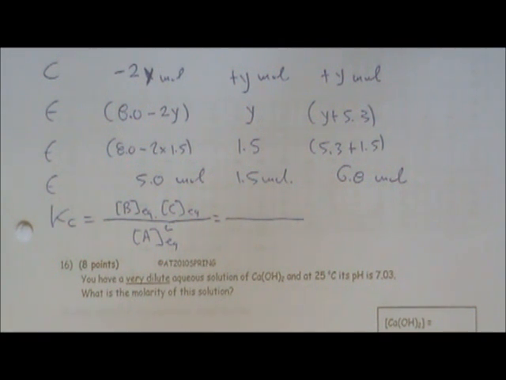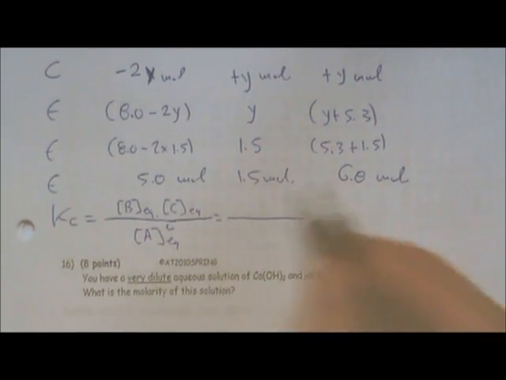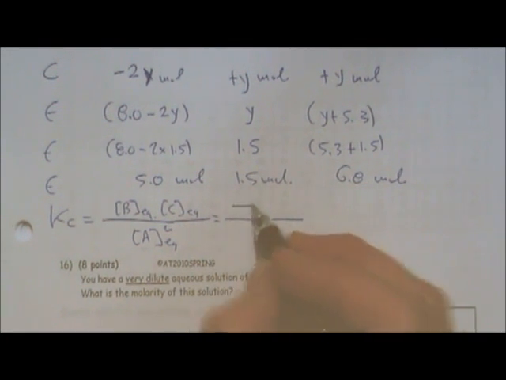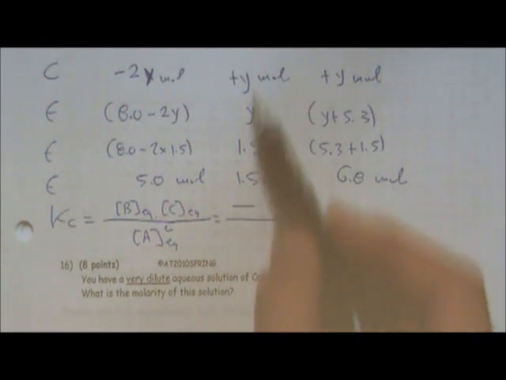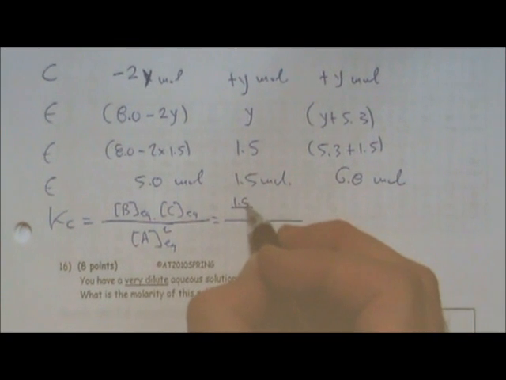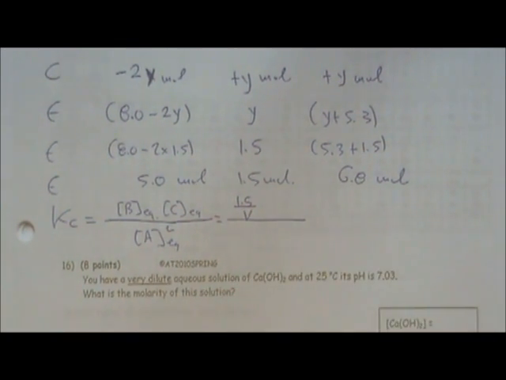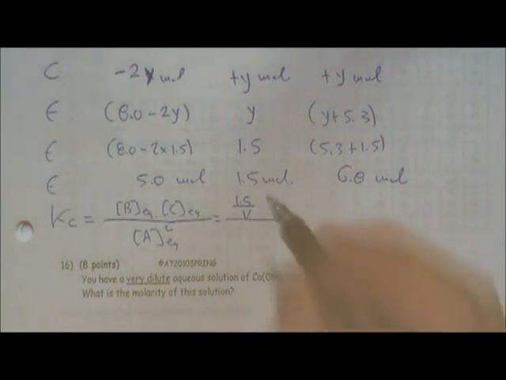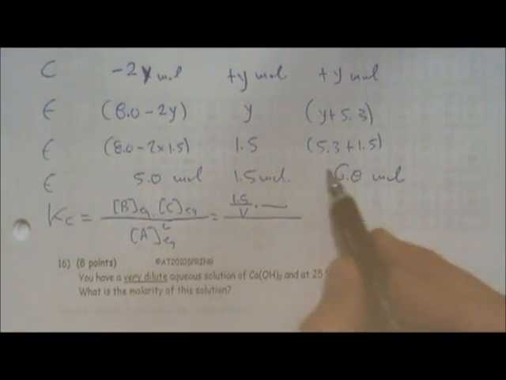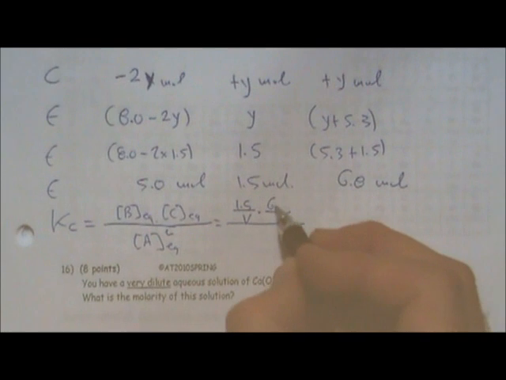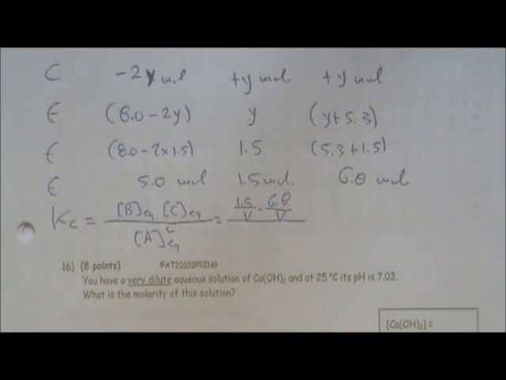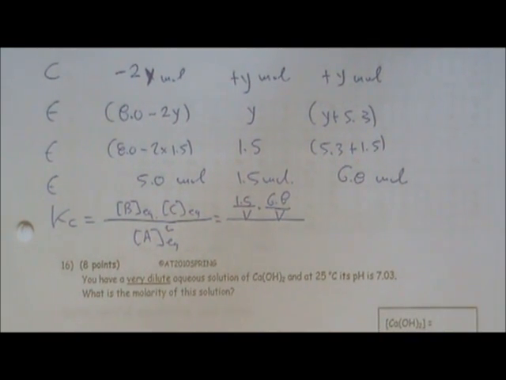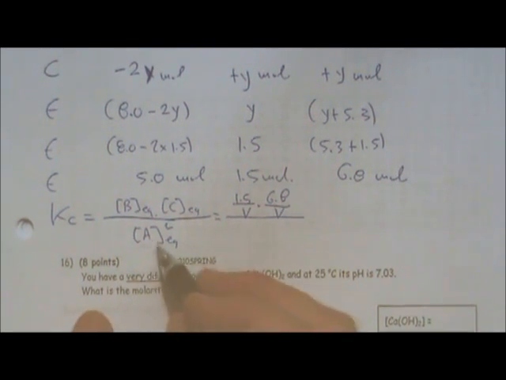Look at this Y. The concentration of B is going to be actually what? Number of moles of B. How much is it? Where's B? Here, right here. So it's going to be 1.5 divided by the volume of the container. Isn't that right? Well, because we want concentration for Kc. Times concentration of C, how much is it? 6.8 divided by the volume of the container, because we want concentration. And then A is going to be what?